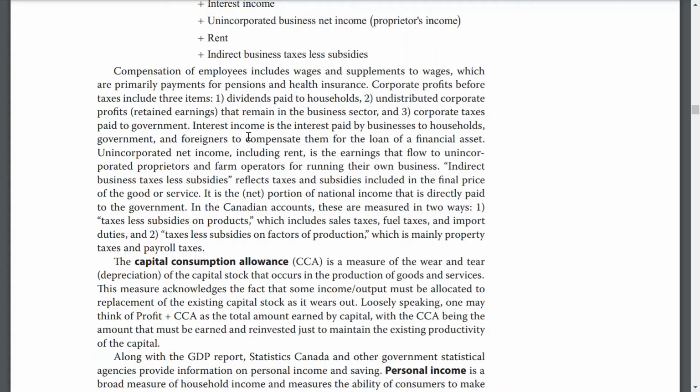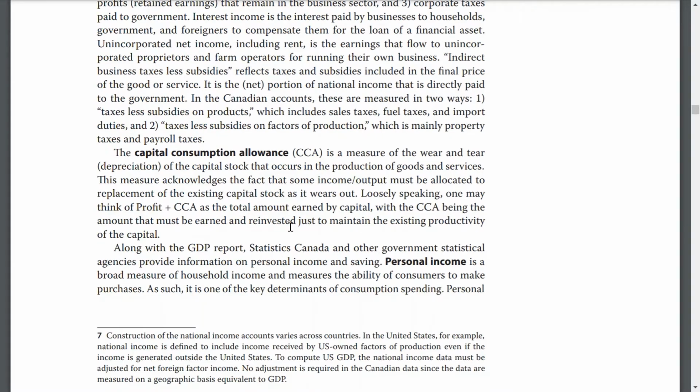So that's quite straightforward. The capital consumption allowance, or the CCA, is a measure of the wear and tear or depreciation of the capital stock that occurs in the production of goods and services. This measure acknowledges the fact that some income must be allocated to replace the existing capital stock as it wears out.